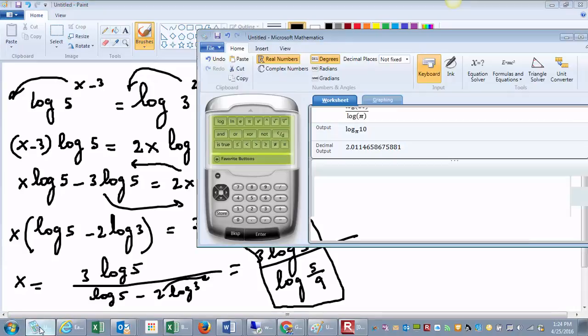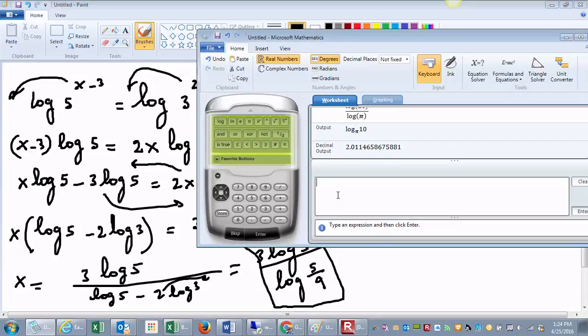Let me see if I can do this on this calculator here. So that's going to be parentheses 3 log 5 close parentheses divided by log 5 over 9 close parentheses. Okay, this doesn't work. Let me see if I can fix it here.